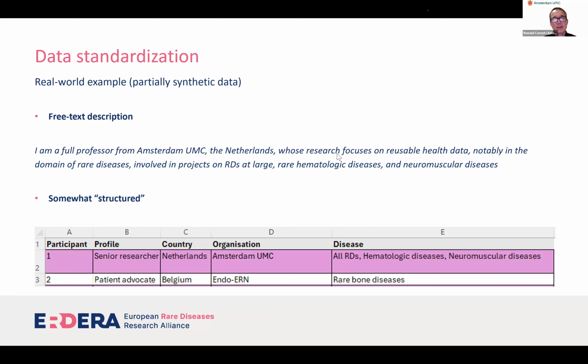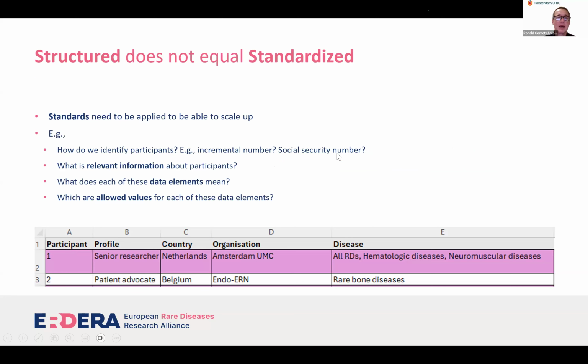And then this is where the standardization comes in, because having a structure like an Excel spreadsheet doesn't equal being standardized, because we need standards to be able to scale up. And this is a data set which is only used for this purpose, so there is not much use for standardization.